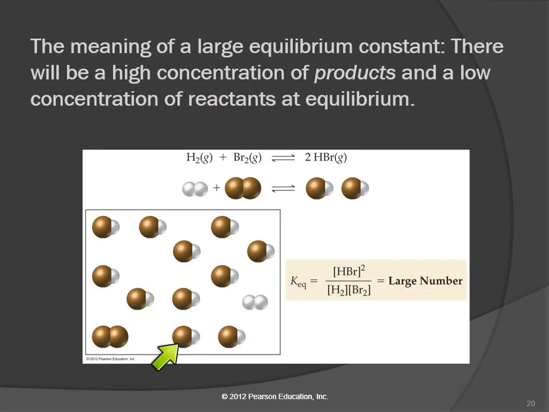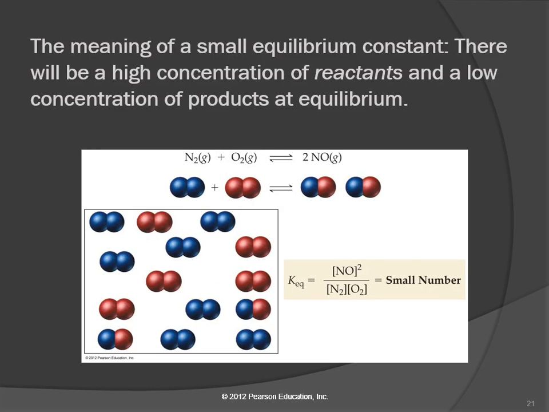And if we look here, we've got one each of these reactant molecules, but most of it's product. So high concentration of product. When KEQ is a small number, in this situation, we see we've only got 2 molecules of product. Most of this is reactant. This reaction just didn't go very far.